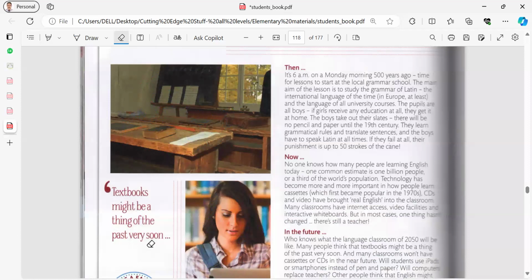The modern way. So using technology, using iPads, maybe mobiles, using soft copy books, right? So that's the title here. A textbook like this. Like what you are using now, you have a printed book. It might be a thing of the past very soon.